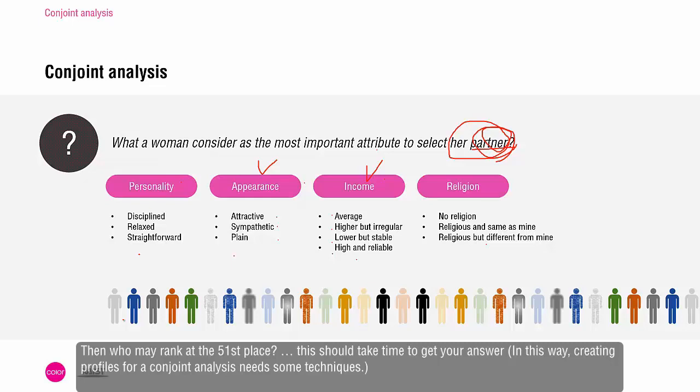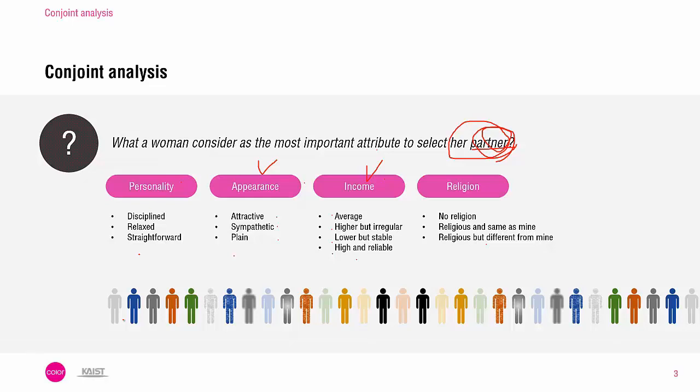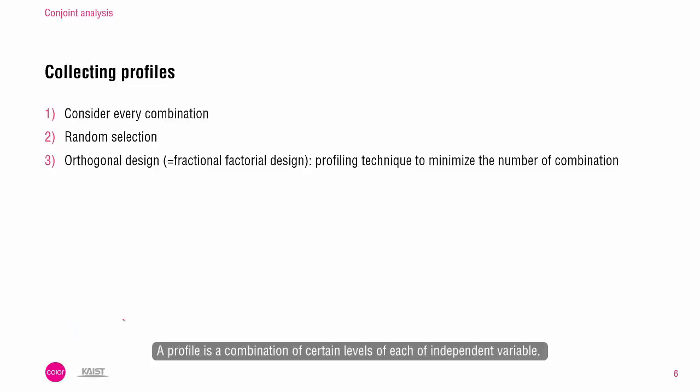Compared to the first two questions, this should take time to get your answer. A profile is a combination of certain levels of each independent variable, and what a subject does is assess a profile.